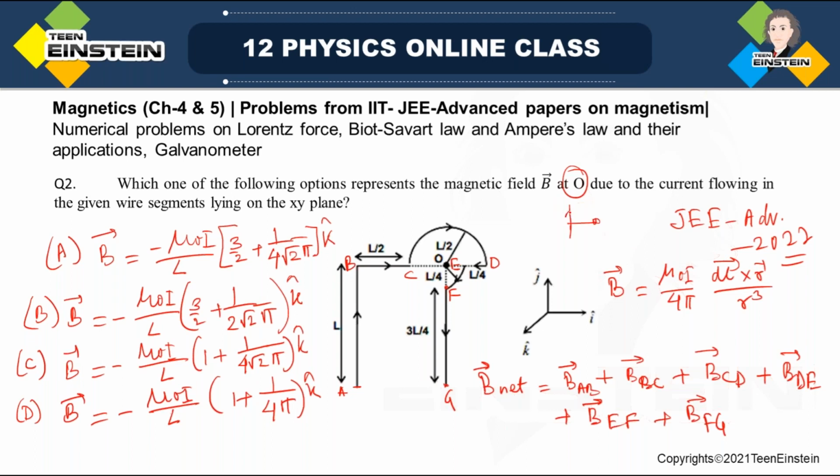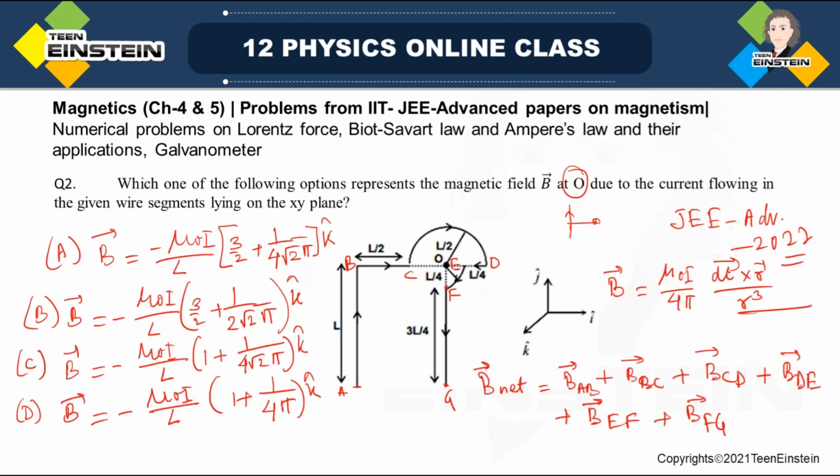If this is the wire, so this is the segment. This is in general the formula for calculating the magnetic field for any current element. This is actually the Biot-Savart law, the general form of the Biot-Savart law. You might know this.